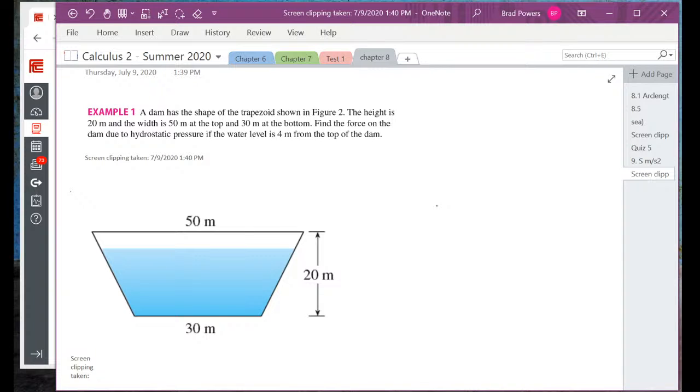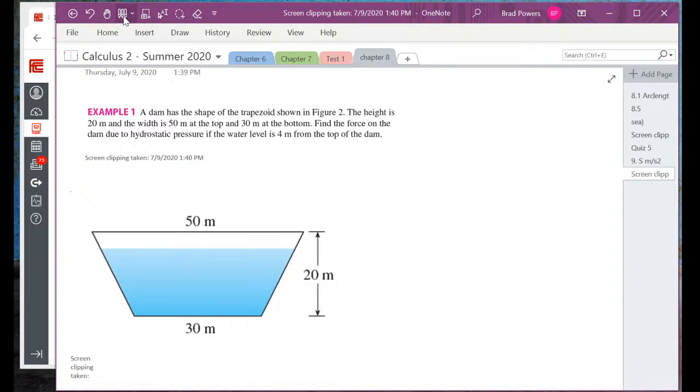A dam has the shape of a trapezoid. So you imagine a dam and there's water in the dam, and this is just one edge of the dam, right? The height is 20 meters. The width is 50 meters at the top, 30 meters at the bottom. Find the force on the dam due to hydrostatic pressure if the water level is 4 meters from the top.